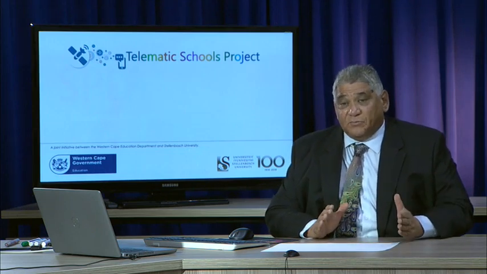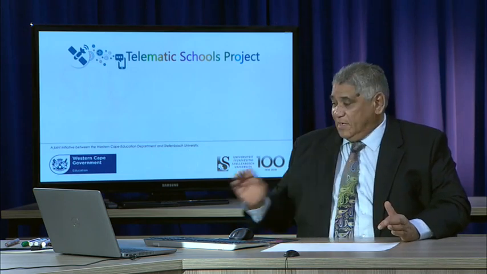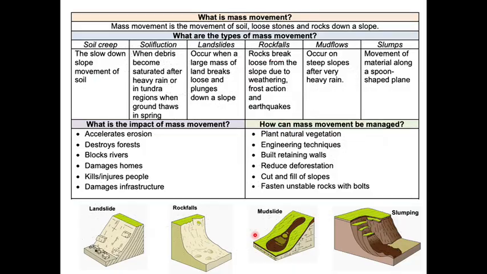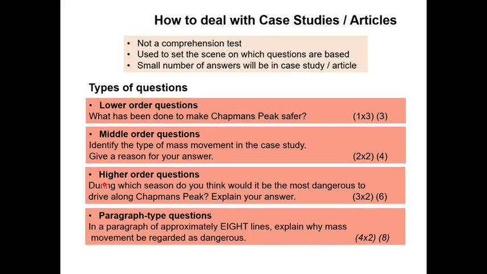You must explain this in a paragraph. Where do you find your answer? Here: why is it dangerous? The impact on the environment. So that's very important, that you must know where to get the answers for these specific things.